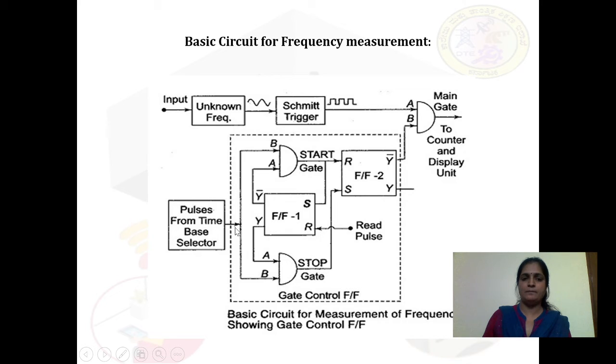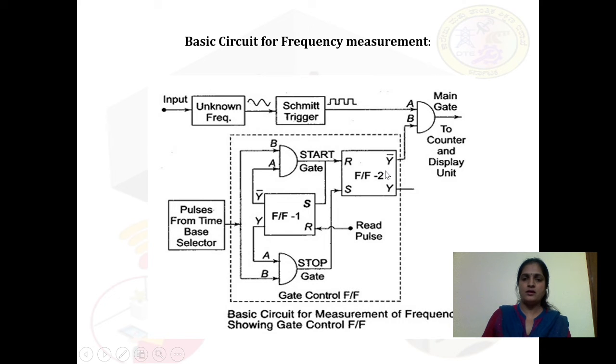So this time base selector provides the positive pulses. This Y is already at the set condition, so A is at high condition. If you provide the positive pulses, this will enable the start gate, so it will set flip-flop 1.